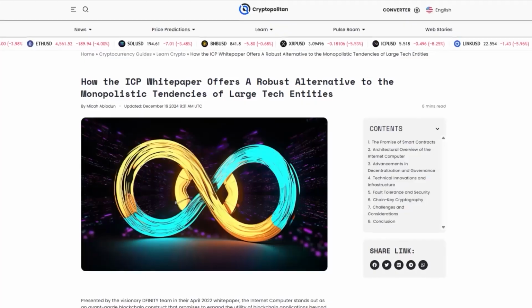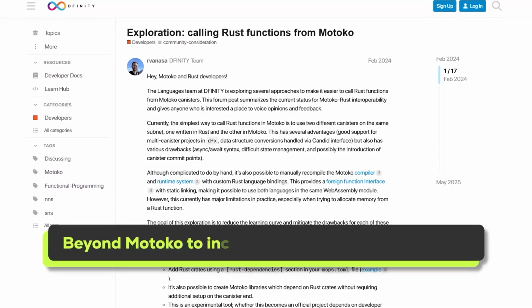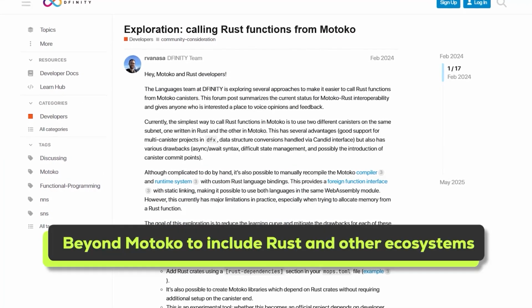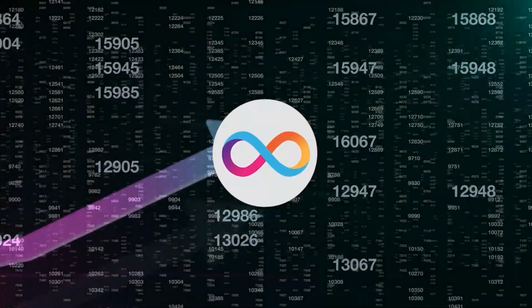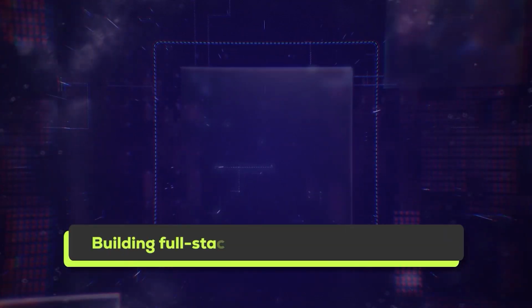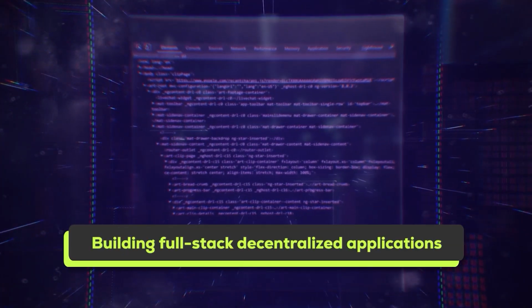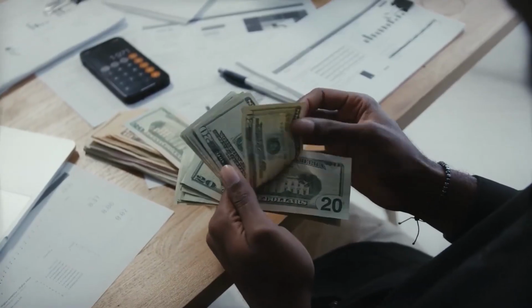SDKs matured, documentation expanded. Language support broadened beyond Motoko to include Rust and other ecosystems. This lowered barriers to entry, though onboarding remains more complex than deploying simple smart contracts. ICP attracts developers interested in building full-stack, decentralized applications rather than financial primitives alone.